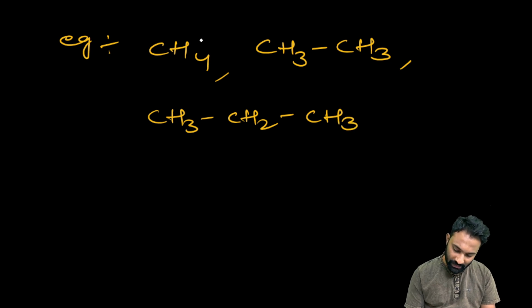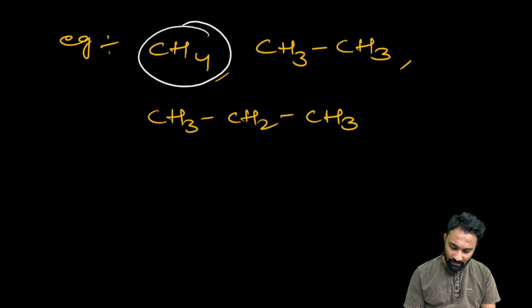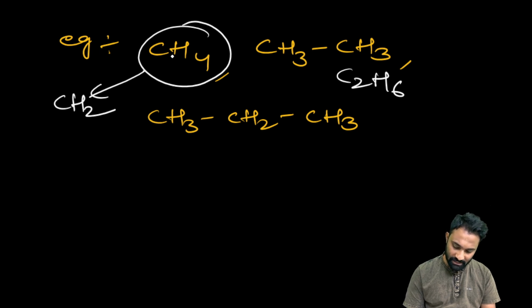Now you see here this is CH4. Now this one will be C2H6, right? For this CH4, if I add CH2, it becomes 2 carbons and 6 hydrogens, C2H6. So CH4 and C2H6 differ by one CH2 unit.